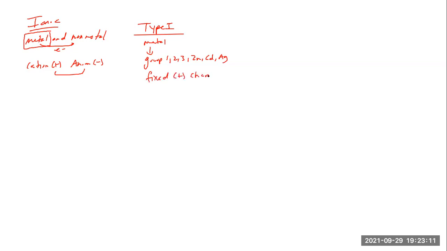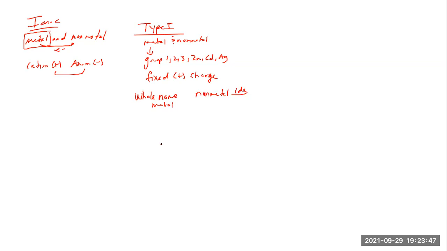And whenever you have a type 1 compound, which again is a metal and a non-metal together, and as soon as you recognize that the metal is part of group 1, group 2, or group 3, or zinc, cadmium, or silver, or has a fixed charge like those guys, we just proceed straight to the naming. And again, we use the whole name of the metal, and for the non-metal, we drop the last part of the name.